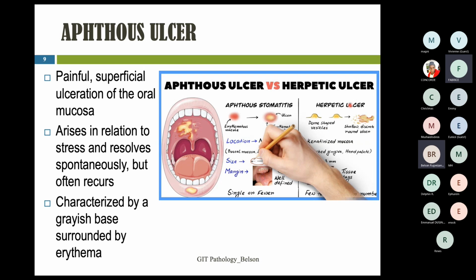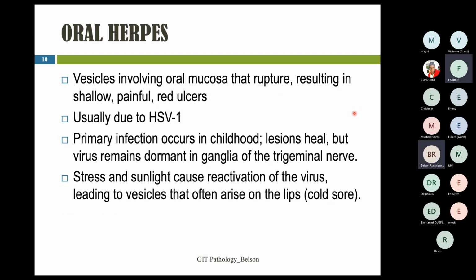And usually herpetic ulcer comes in a febrile situation. Someone has an unexplained fever, or it can be explained. Those having a severe flu, or malaria, or any other febrile disease. So we are talking about oral herpes.